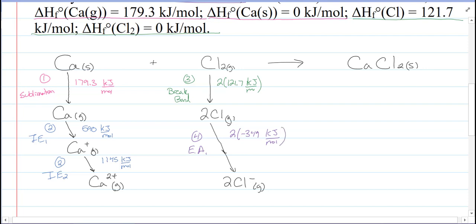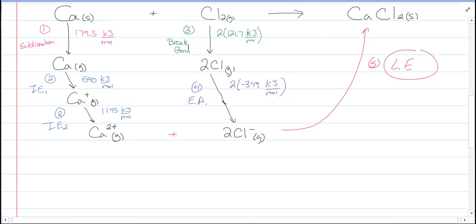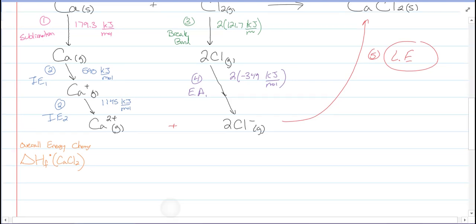And then last but not least is step 5, the lattice energy. And that's what we're calculating. So overall, the overall energy change, delta HF standard of CaCl2, and we'll cover that in the thermochemistry chapter, will be equal to all the steps.